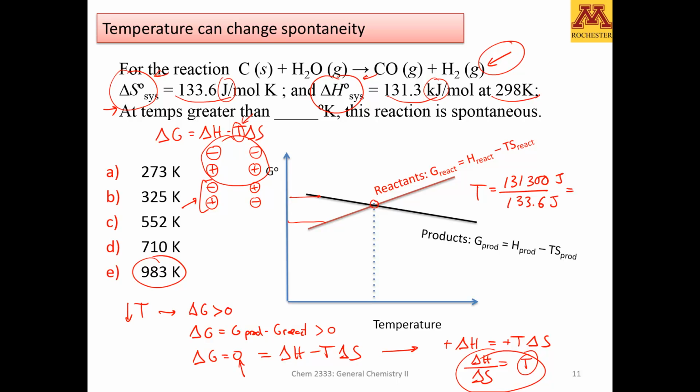We assume that these values do not change with temperature, which at this level is a good assumption. So notice that we obtained 983 Kelvin, very different from the temperature at which enthalpy and entropy had been measured. But if we assume that they're constant, this is a close enough solution.